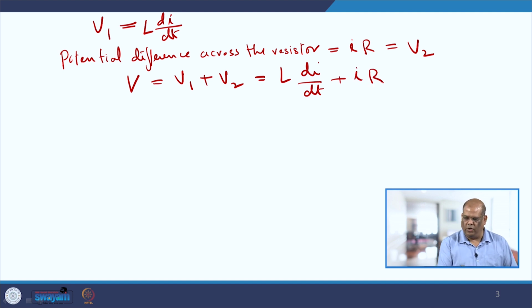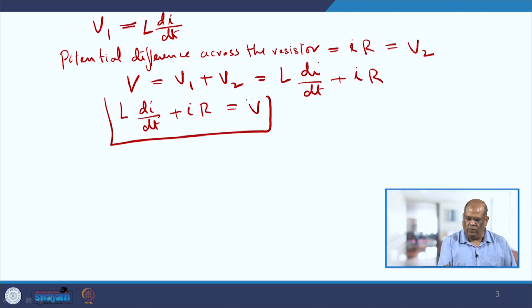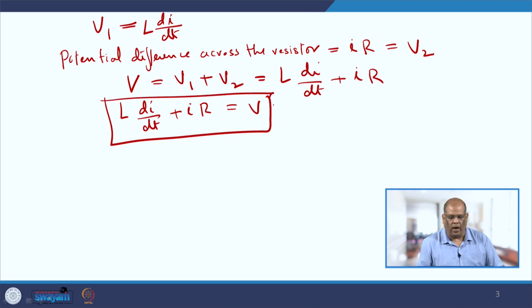So, you get a differential equation L di dt plus IR equal to V, and you have to solve this differential equation. This is a first order linear differential equation; you can use an integrating factor or straight away do the separation of variables because this V is a constant.